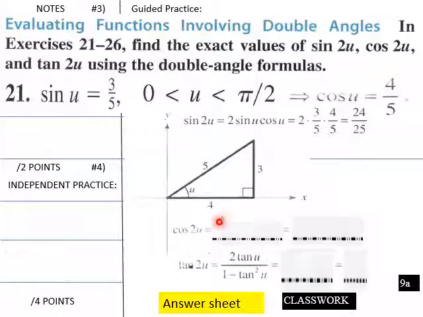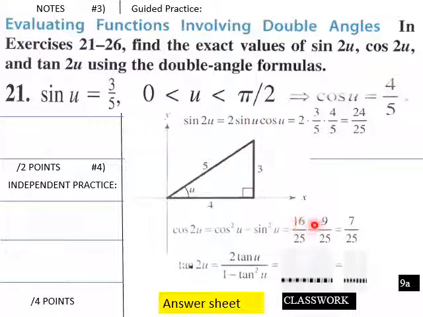So cosine 2u will be the same thing as cosine squared u minus sine squared u, equals 16 25ths minus 9 25ths. Here are our squares for that. Cosine u, remember up here, would be 4/5, and sine u would be 3/5.